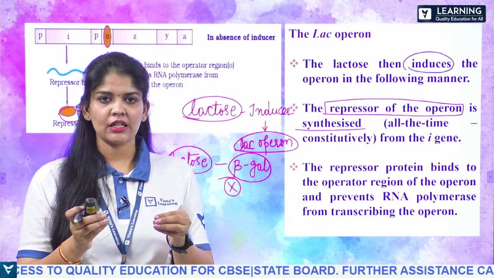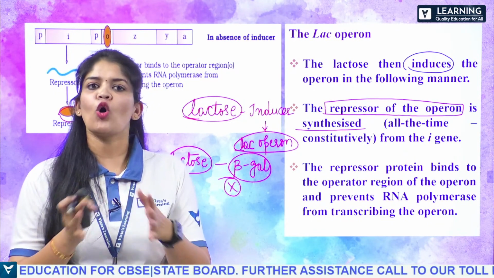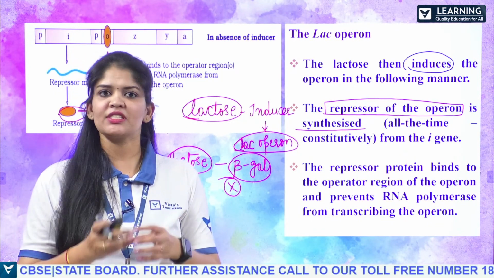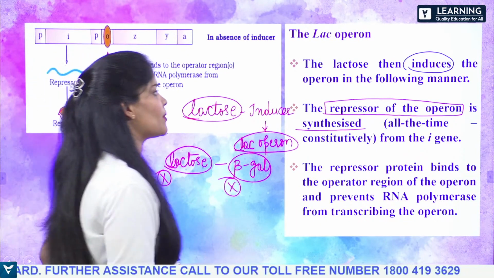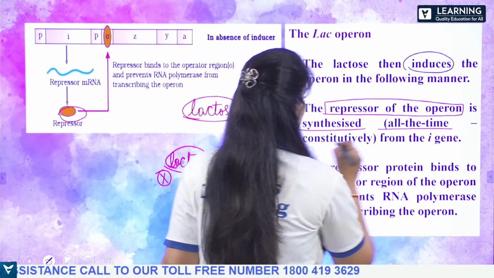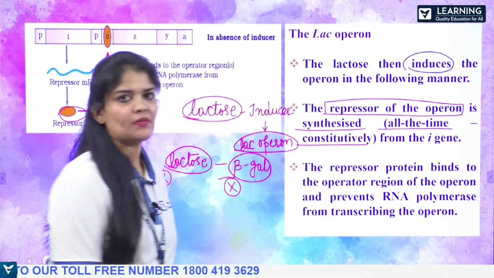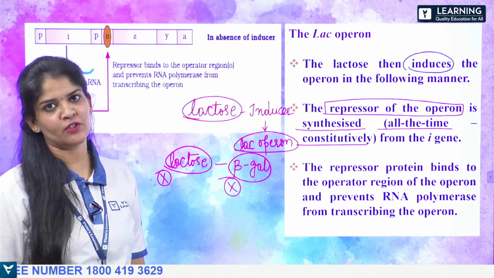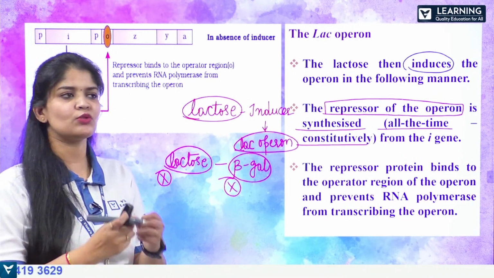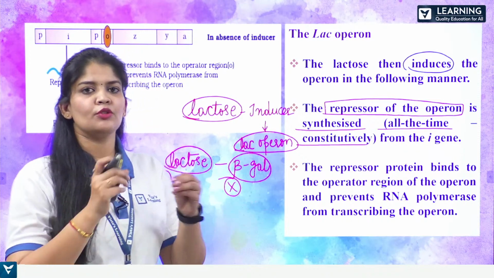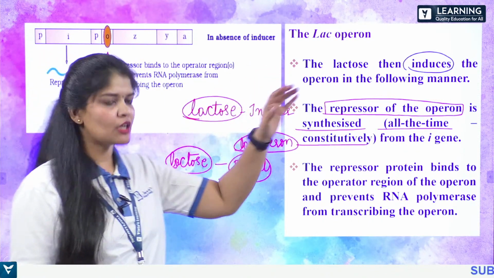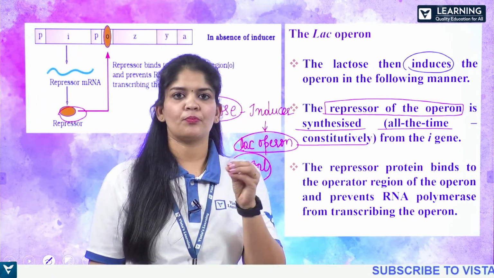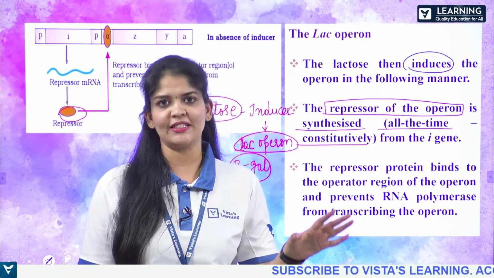The presence of the repressor can be seen all the time. That is why we consider it constitutive, and this type of gene is called a constitutive gene. Constitutive genes are nothing but the genes which express all the time, no matter whether the operon is going to proceed or not. The production of the repressor is seen all the time.